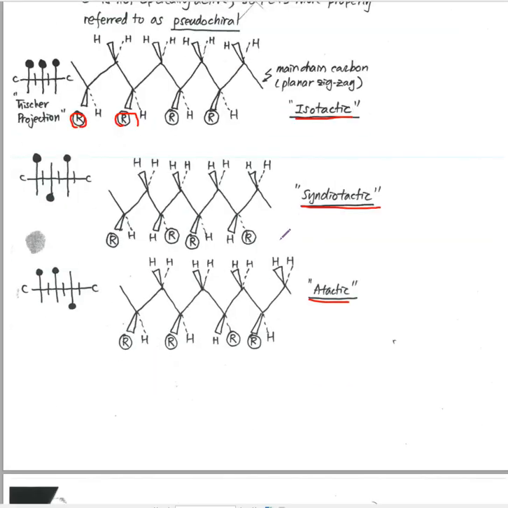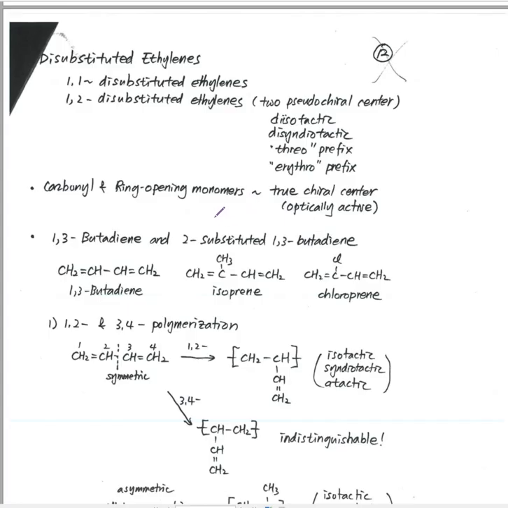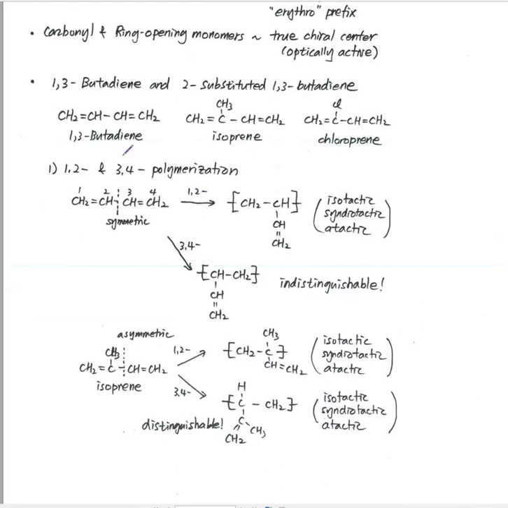Okay, in regard to this, we have learned about the resulting polymers of these dienes, right? You might remember 1,3-butadiene or the 2-substituted 1,3-butadiene, such as isoprene or chloroprene.